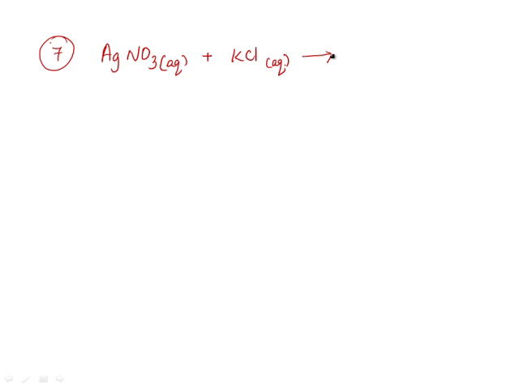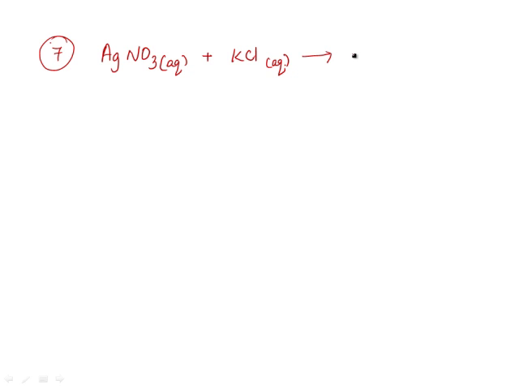Here what could be your products? So AgNO3: silver is positive, NO3 is negative, K is positive, Cl is negative. Double displacement means they swap their places, right? So now Ag will take up which ion, K or Cl? Cl.